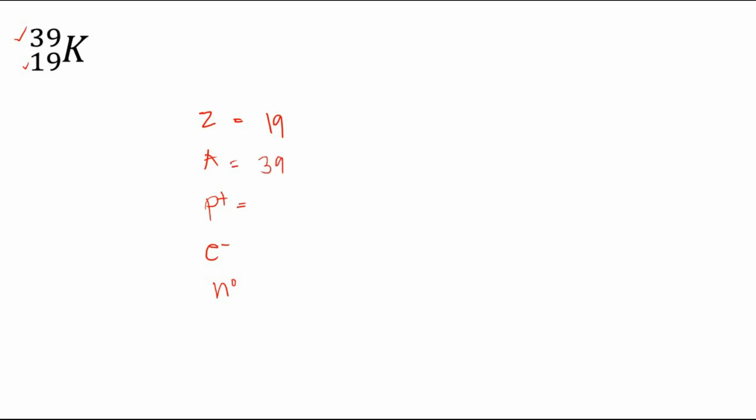For your P plus and E negative, that's also 19 because the atomic number is 19; therefore your electron is also 19 and the number of protons is also 19. And then the number of neutrons will be determined by using the formula neutrons is equal to A minus P plus. So your A is 39 minus 19, therefore your N0 is 20.